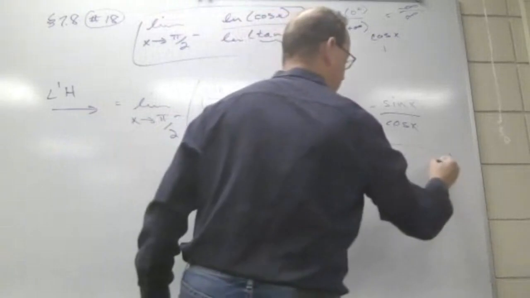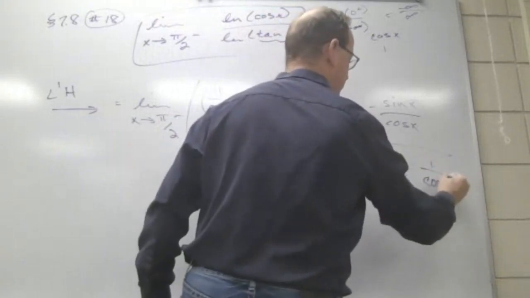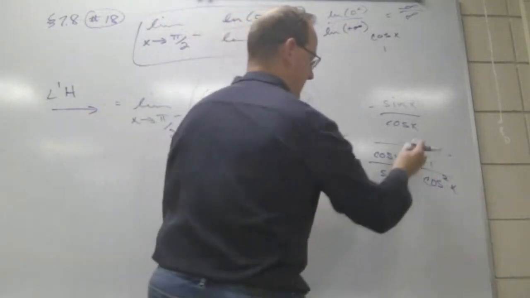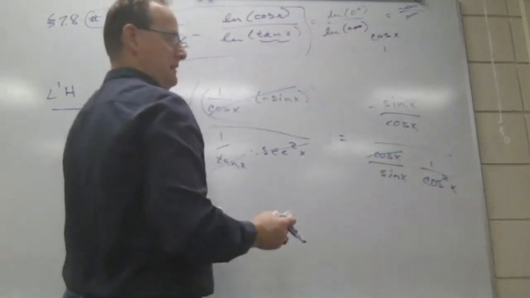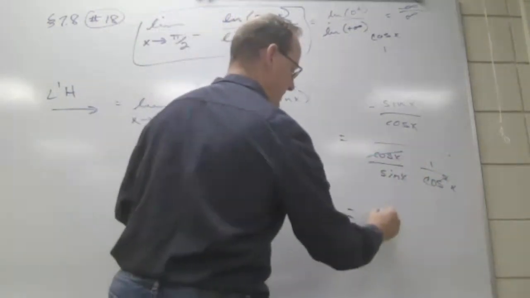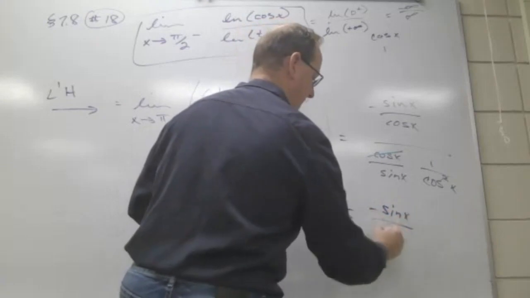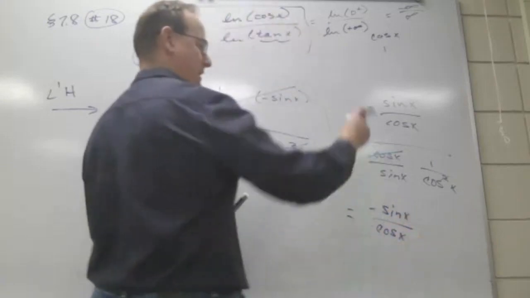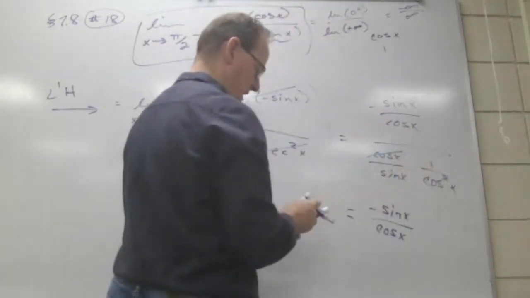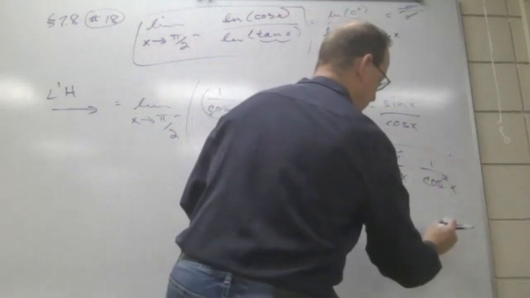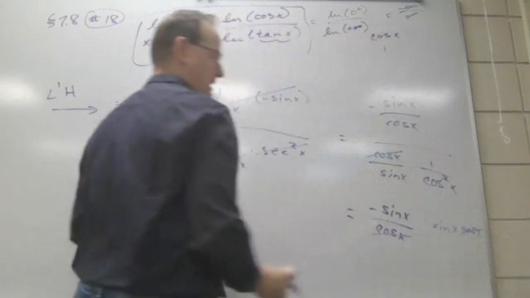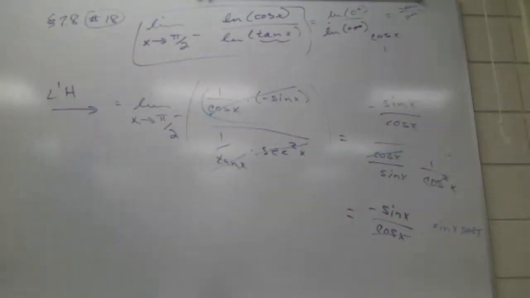And then secant is 1 over cosine, and it's quantity squared, so it's 1 over cosine x quantity squared. I would get one of these to cancel out, and then it's 1 over sine cosine on the bottom. So on top, I got sine x cosine x. And instead of dividing by 1 over sine cosine, I'd multiply by sine cosine. Those cosines would cancel, and I get minus sine squared.